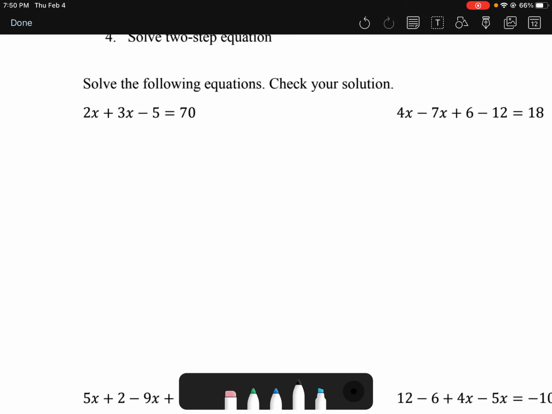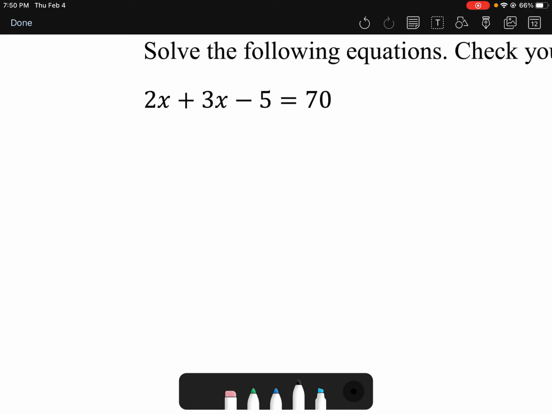So here we have our first equation. I have 2x plus 3x minus 5 equals 70. First, what we need to do is split up our equal sign. We want to make sure we're not crossing over at all. On the left side, I see that I have 2x and 3x.